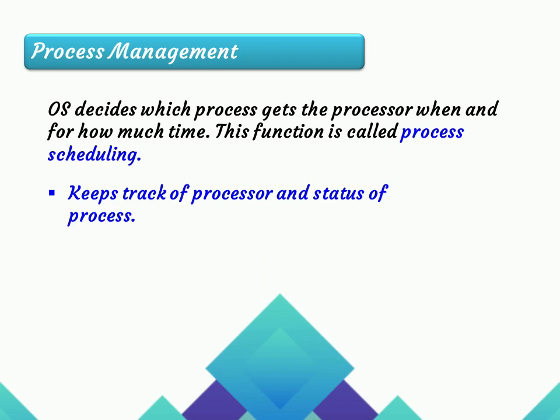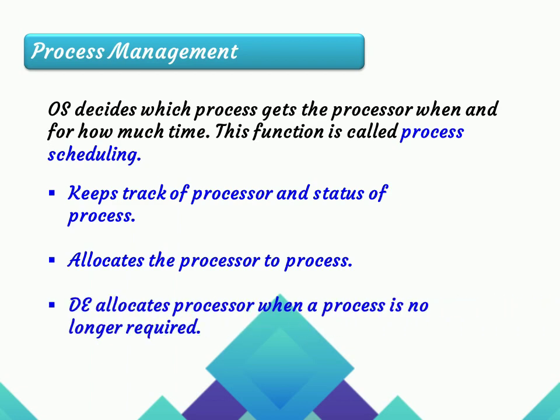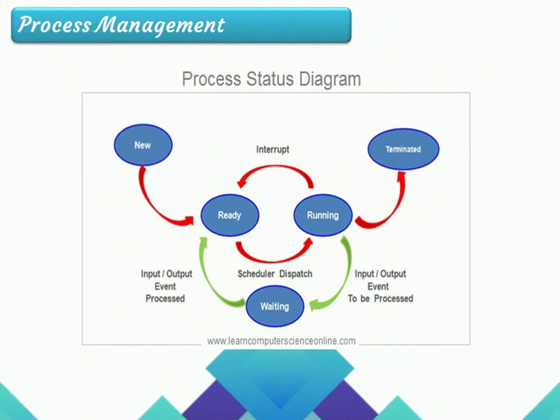Now we'll see what they are. It keeps track of processes and the status of processes. The program responsible for this task is known as the traffic controller. And also it allocates the processor, the CPU, to a process. And next it deallocates the processor when a process is no longer required.